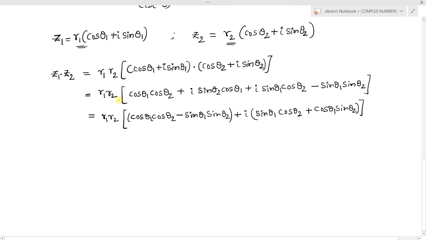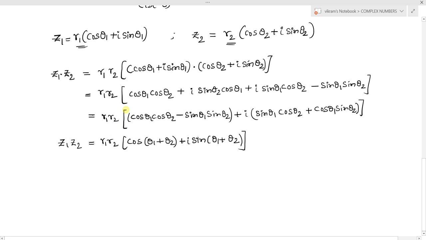This is in the form cos A cos B minus sin A sin B, which is nothing but cos of A plus B, that is cos of theta 1 plus theta 2, plus sin A cos B plus cos A sin B, which is sin of A plus B, that is sin of theta 1 plus theta 2. So z1 z2 is the resultant r1 r2 times cos of theta 1 plus theta 2 plus i sin of theta 1 plus theta 2.